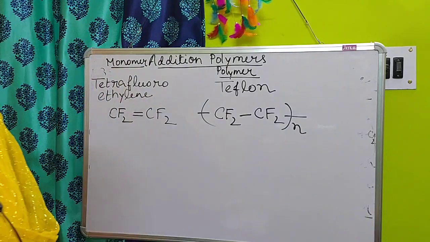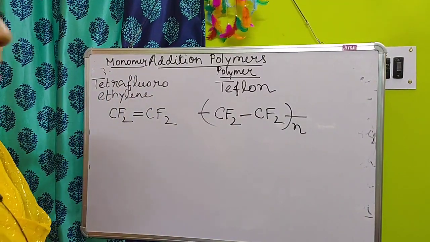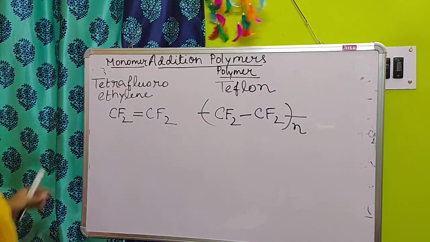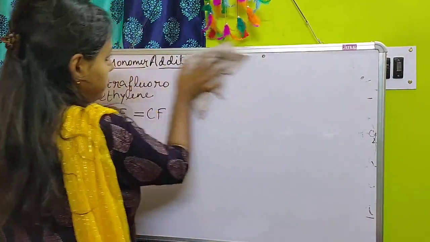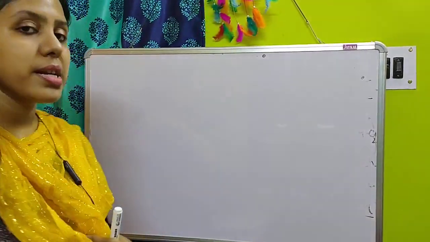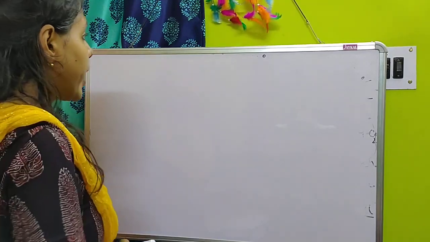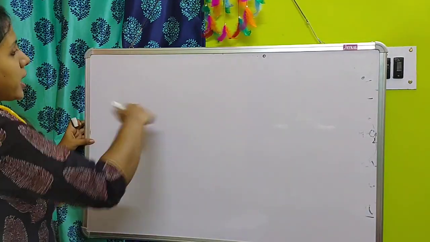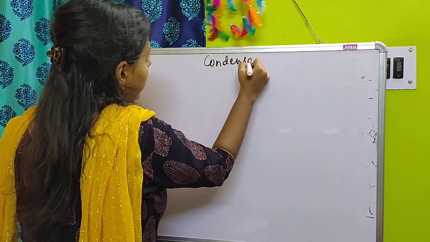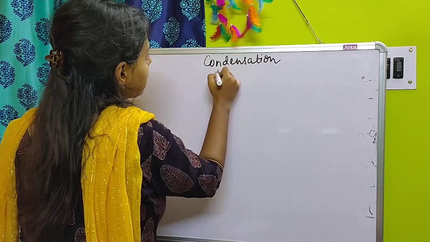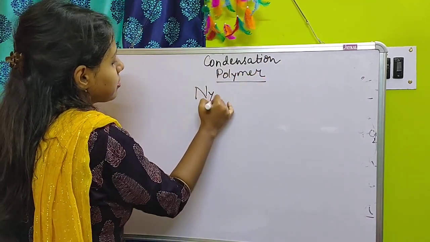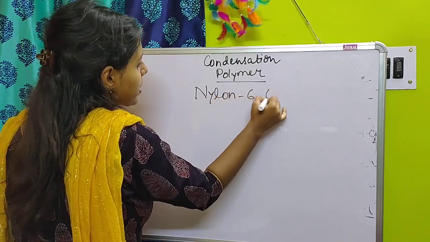Next we will see several examples of condensation polymers. One example I have already discussed in the previous class, but I will tell it again. The first polymer obtained by condensation is nylon 6,6.